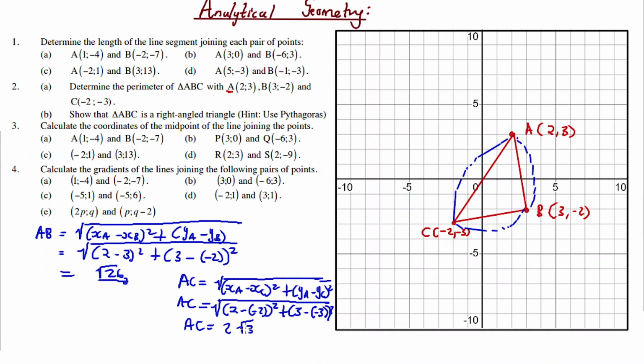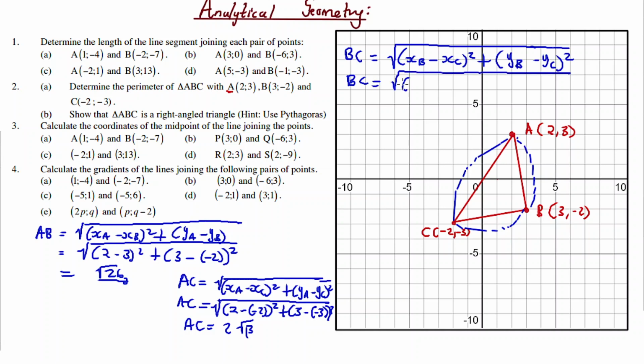Then I'm gonna calculate BC here. BC is equal to the square root of XB minus XC squared plus YB minus YC squared. So BC is gonna be equal to XB, that's 3, minus XC, negative 2, squared, plus YB, negative 2, minus YC, that's negative 3, squared.